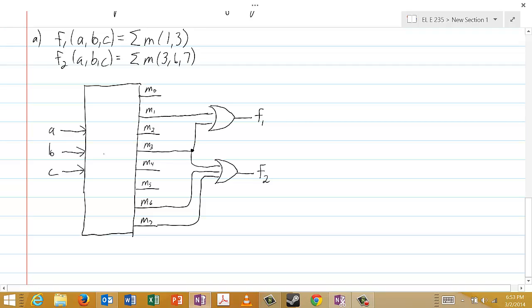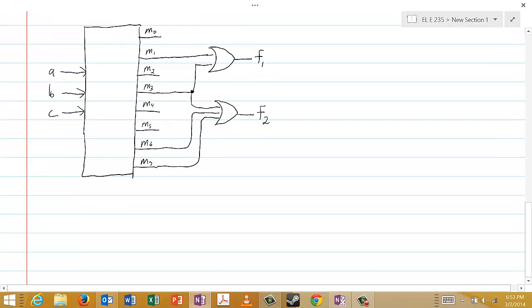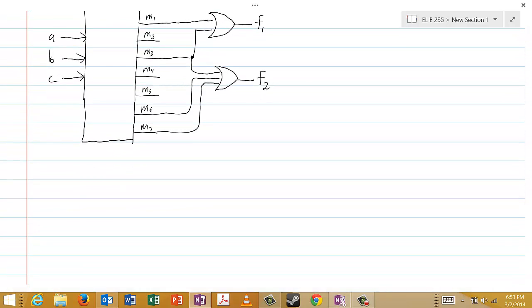And that's the answer to this problem. So it's a very simple problem. Now the next one, same instructions, but just a couple of different functions, and it's just a little trickier.